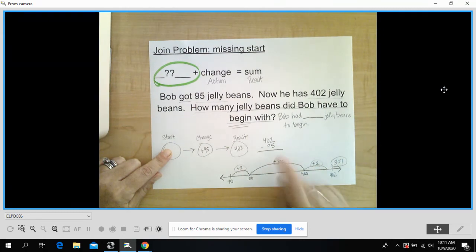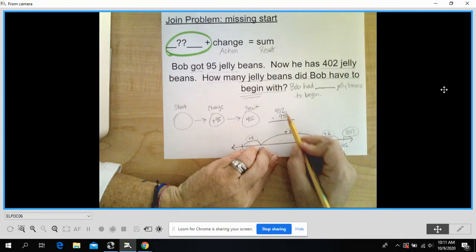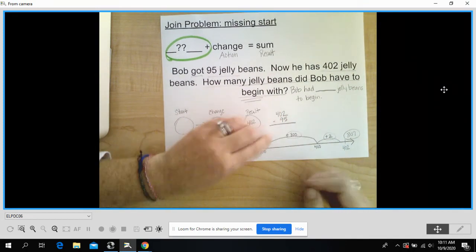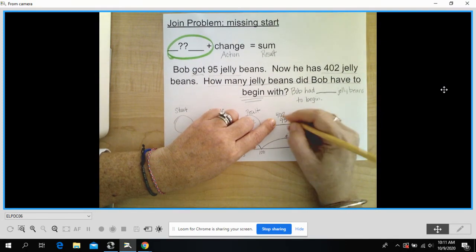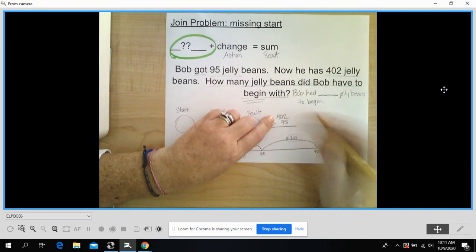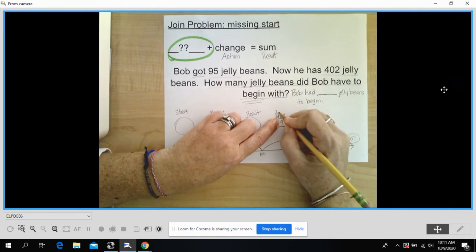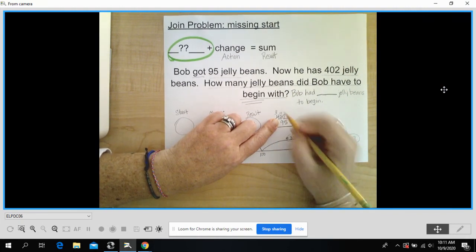Let's see if our subtraction shows us the same thing. So 2 minus 5 in my ones place. I cannot do that. I need to borrow. There's a 0 there, so I'm going to take that 4 and make it a 3. My 0 becomes a 10, and then I can borrow from the 10.